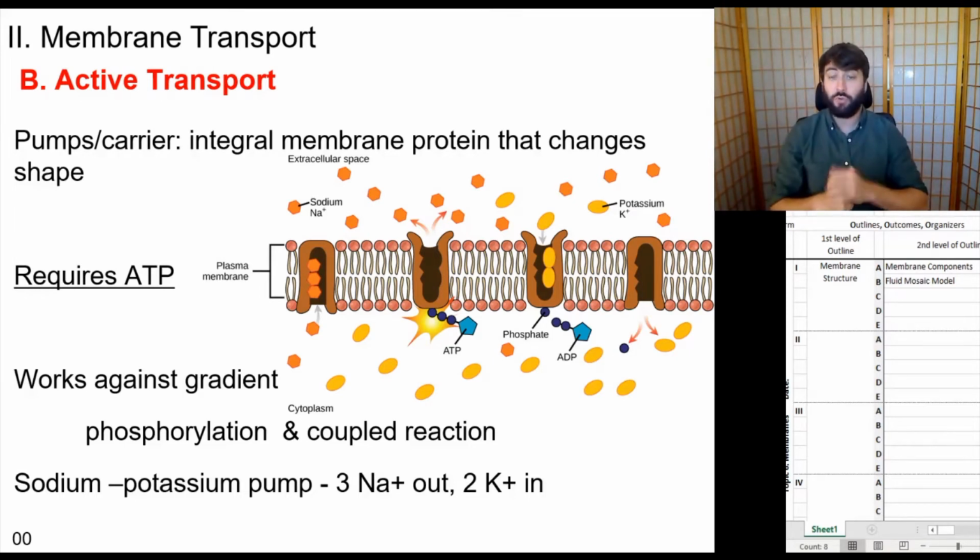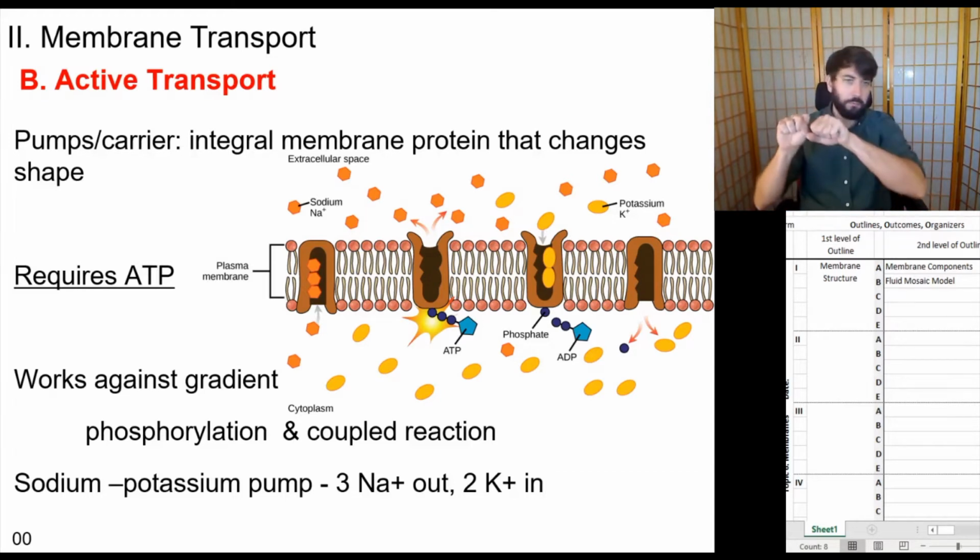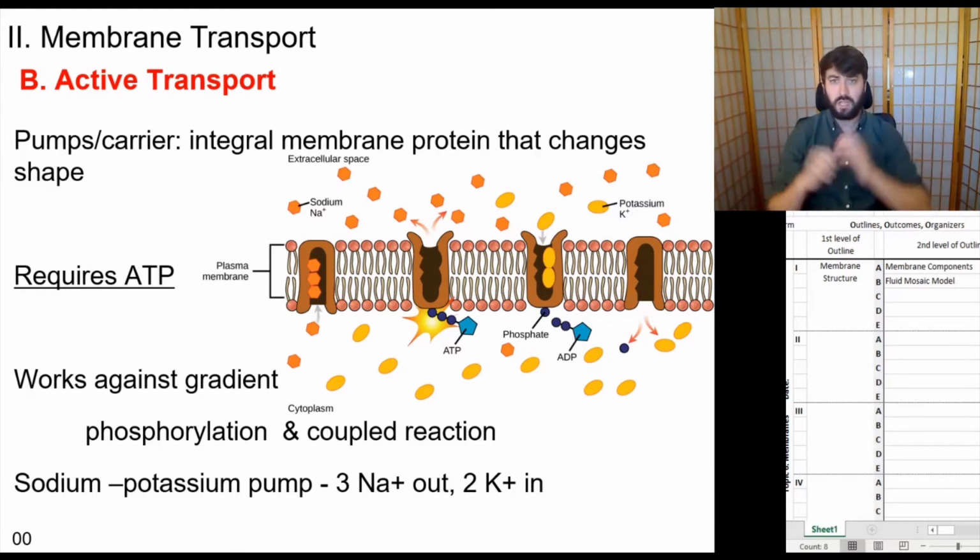In this case, it's really easy to utilize the energy stored in the bond between the second and third phosphates of adenosine triphosphate by snapping off that last phosphate and attaching it to, say, the membrane protein. This means you've phosphorylated the membrane protein, which then changes its shape and does its thing.